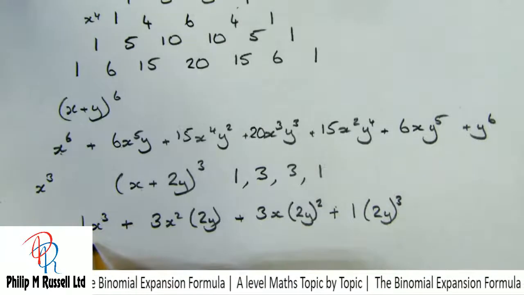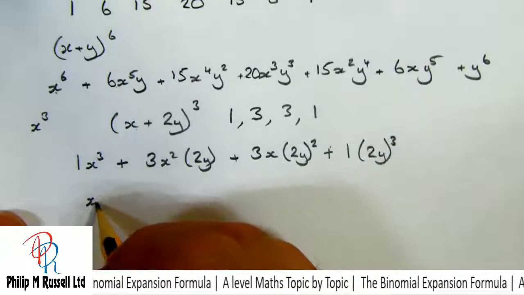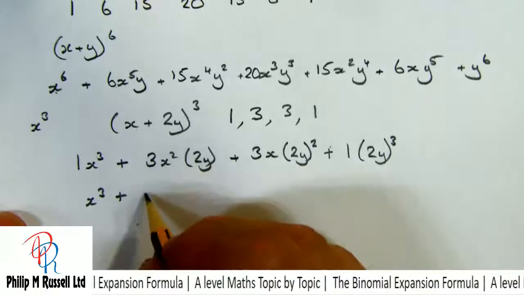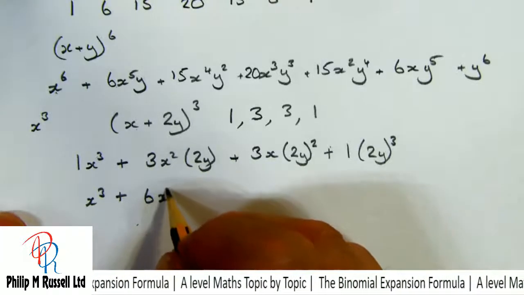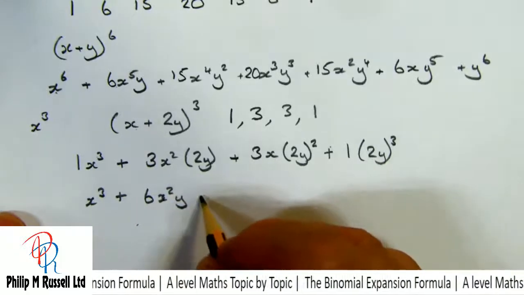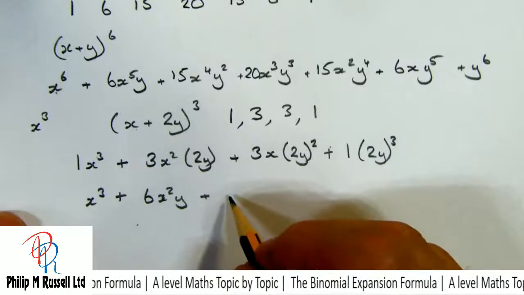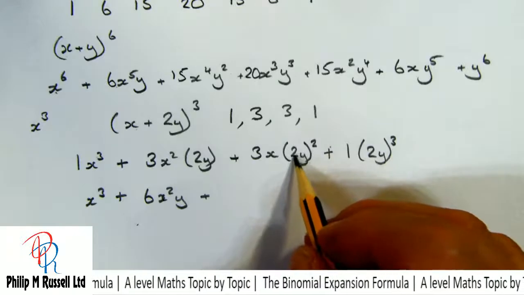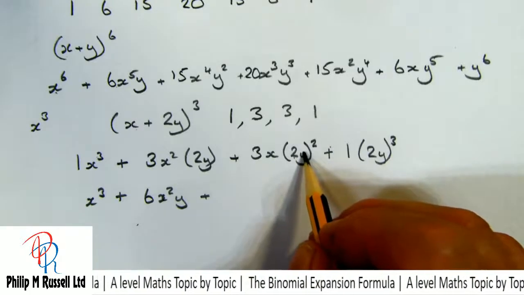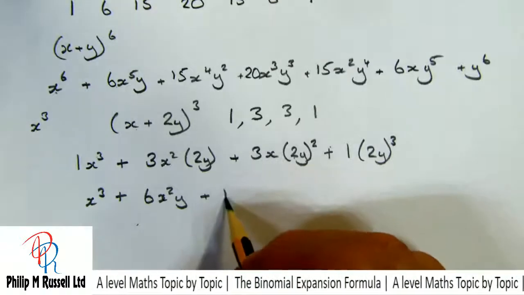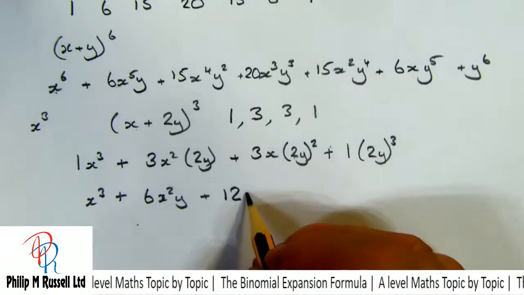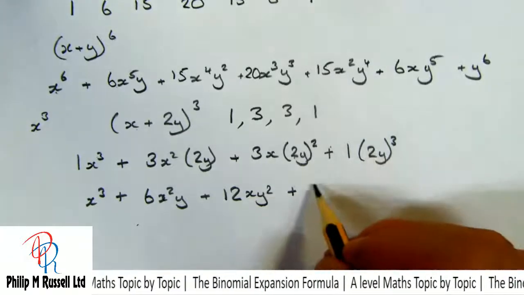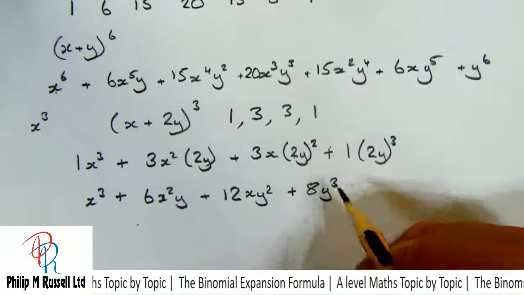Let's work out what this is going to be. This is going to be x cubed, plus 2 times 3 is going to give me 6 x squared y, plus (2y) squared is going to give me 4y squared, and 4 times 3 is 12, so that's going to give me 12xy squared, plus 2 cubed is going to give me 8y cubed.